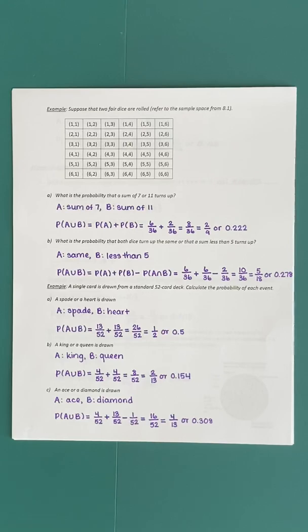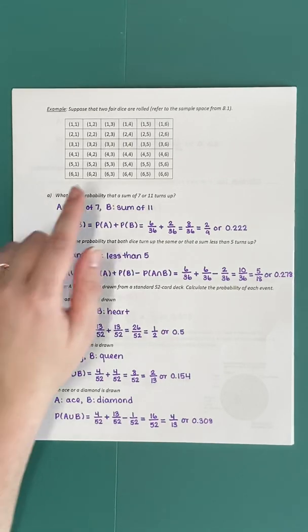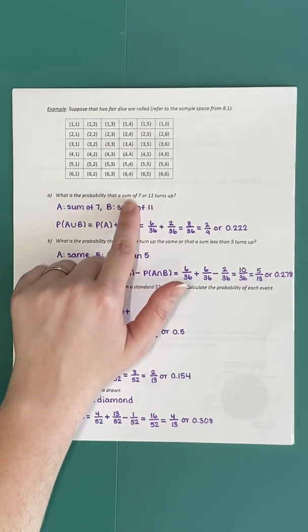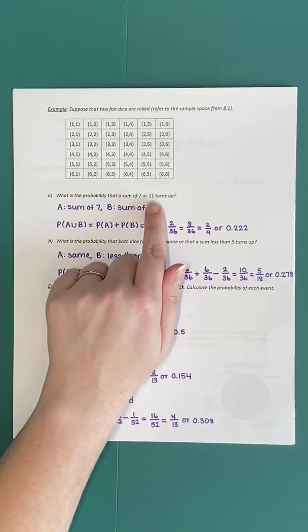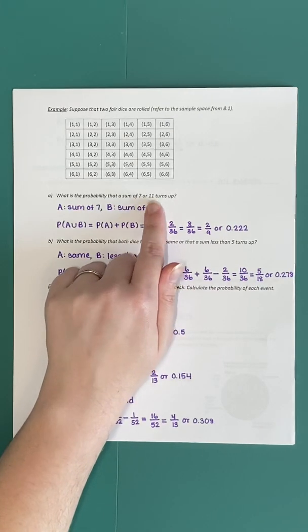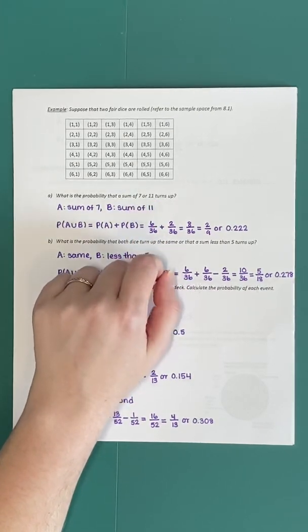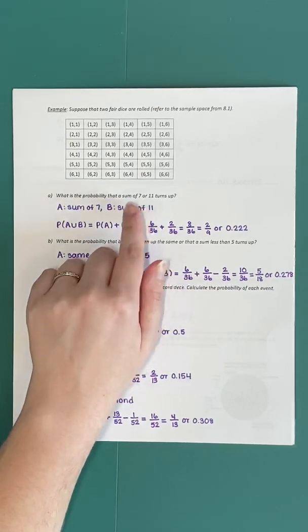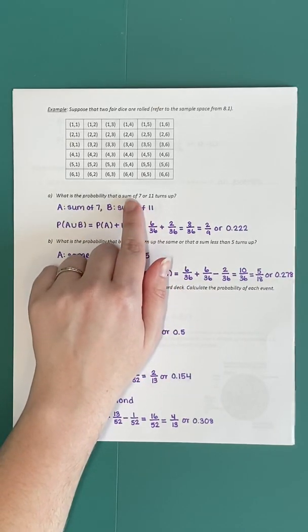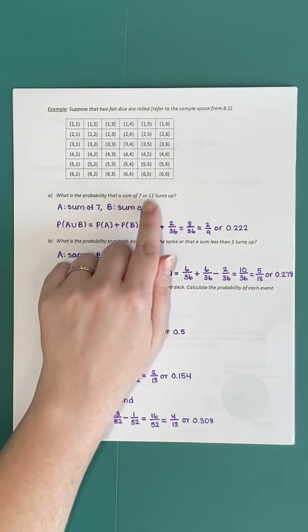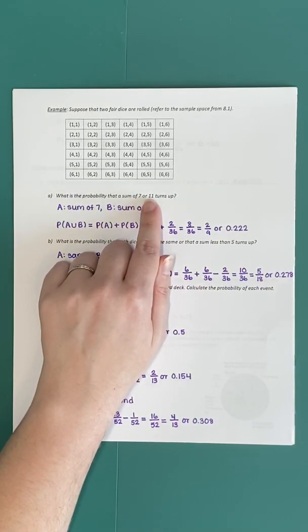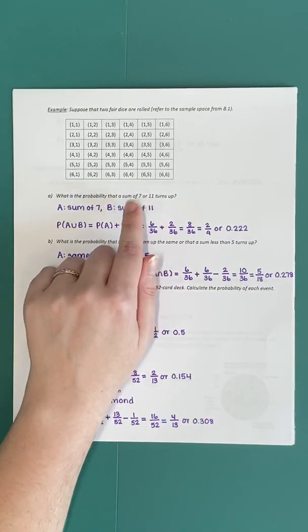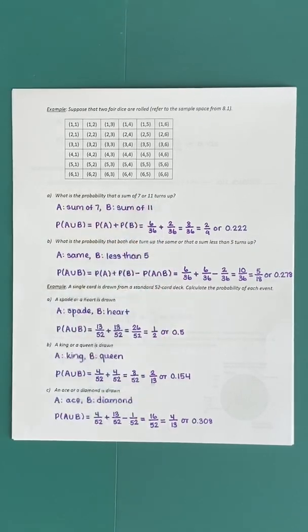So define our two separate events. The first event is that we roll a sum of 7. The second event is that we roll a sum of 11. Now, are these two events mutually exclusive? In other words, if we roll a sum of 7, is it possible to also be rolling a sum of 11? Well, there's no way we can roll a sum that's both a 7 and an 11 at the same time.